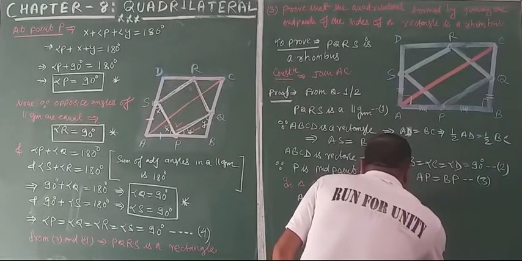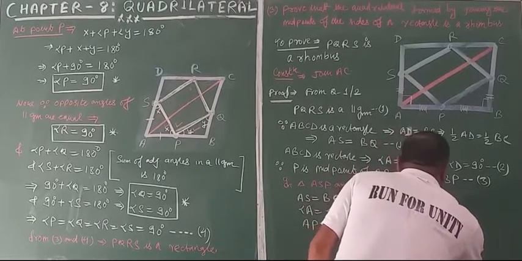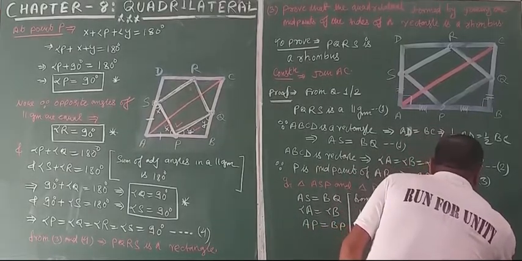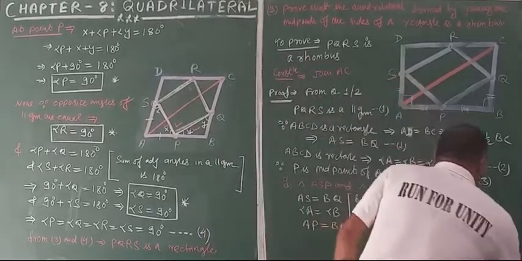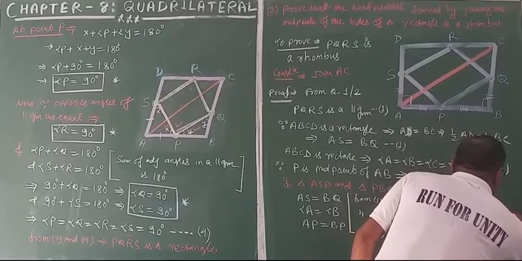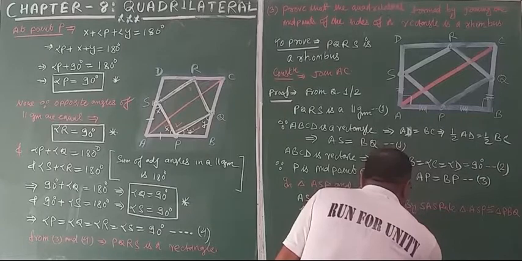By SAS rule, triangle ASP is congruent to triangle PBQ, and therefore by CPCT.